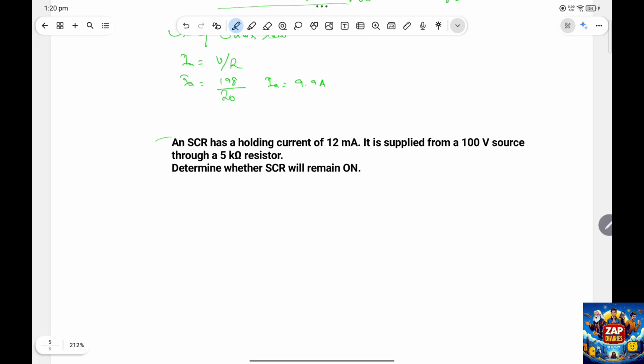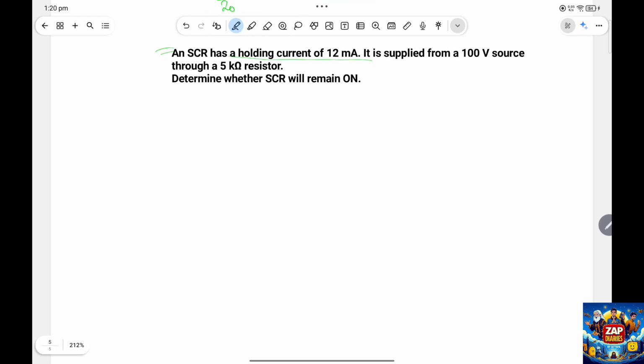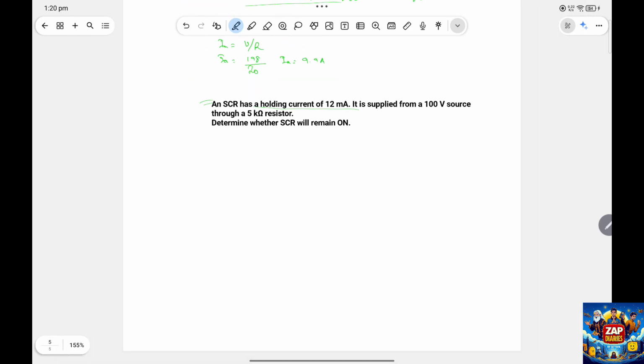Now taking another example: the SCR has a holding current of 12 milliamps. It is supplied from a 100 volt source through a 5 kilo ohm resistor. Determine whether the SCR will stay on.